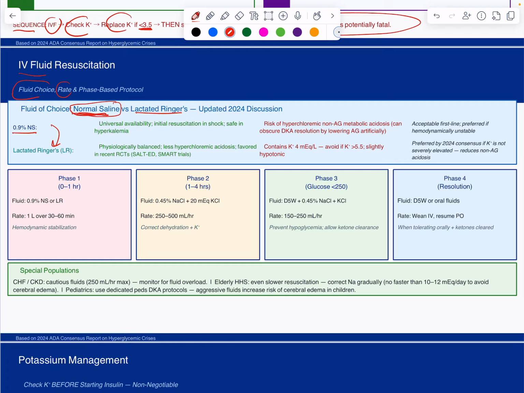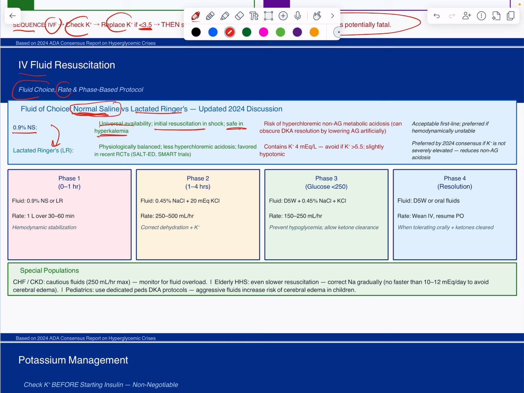NS is cheaper and universally available, so you can always start with it, in case of shock. NS is only sodium and chloride. It doesn't have any potassium, so it's safe in a hyperkalemic state, versus LR, which has some potassium that can worsen hyperkalemia.